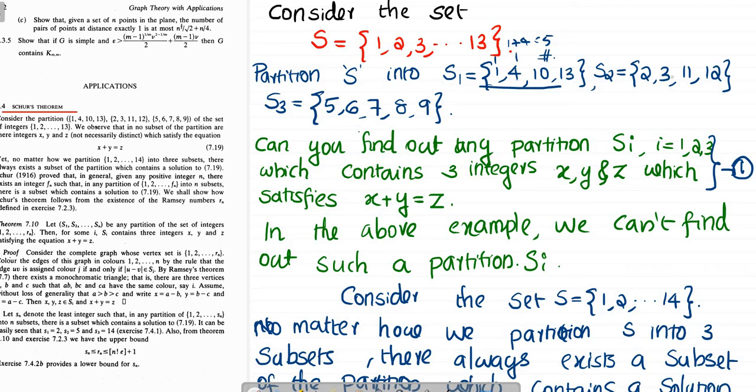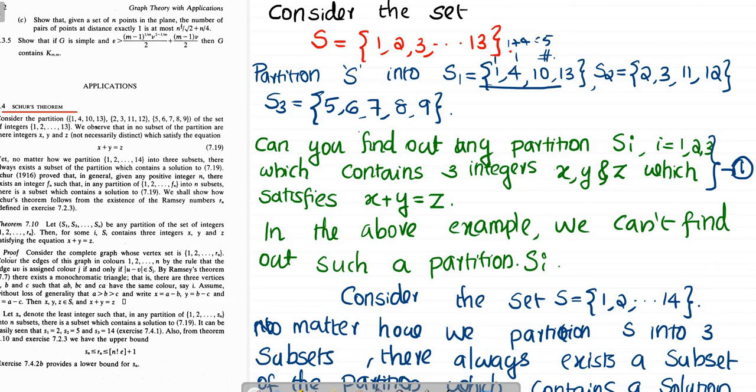In S2 also there is no such x, y, z. 2 plus 3 is 5, which is not here. 5 plus 6 is 11, 6 plus 7 is 13, and these sums do not belong to the same set. So we cannot find such a set in this example.